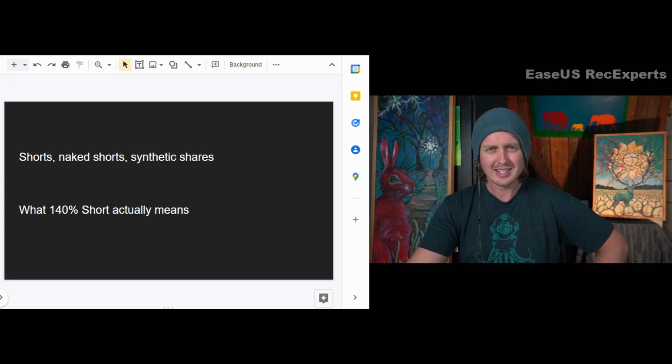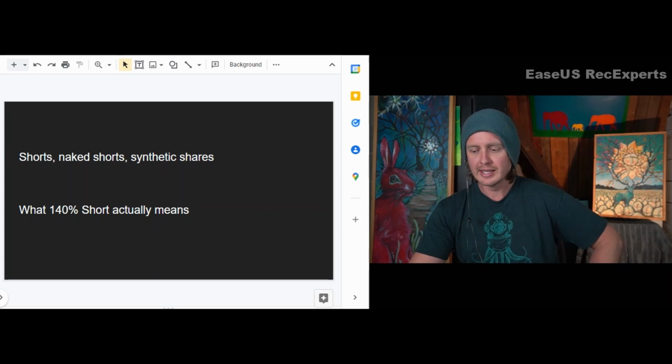Now, what exactly does that mean? Well, say you've got a float of 100 shares. If you're short 140%, that means that there is 140% of the stock, which is 140, also in the market, as well as the original 100.